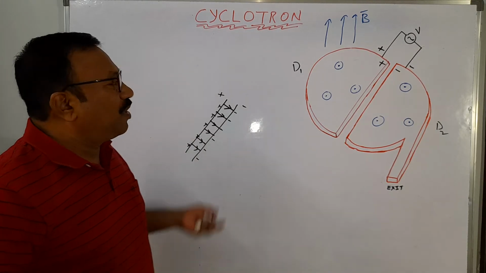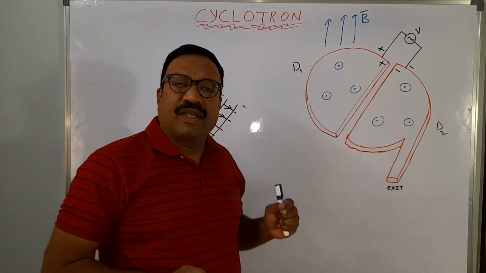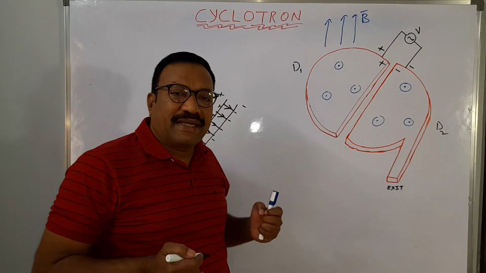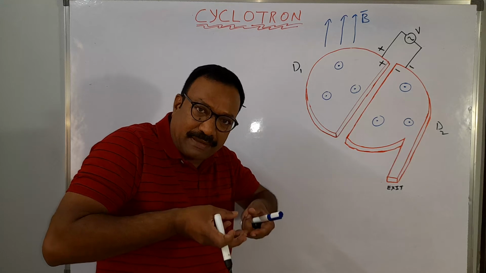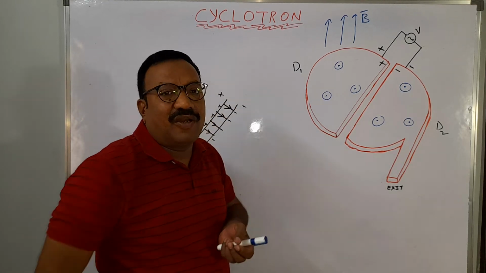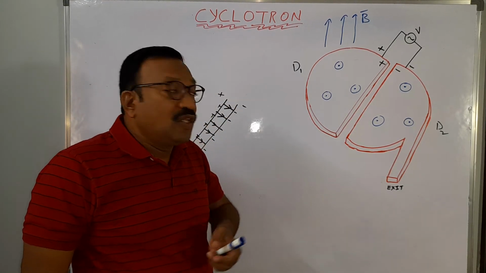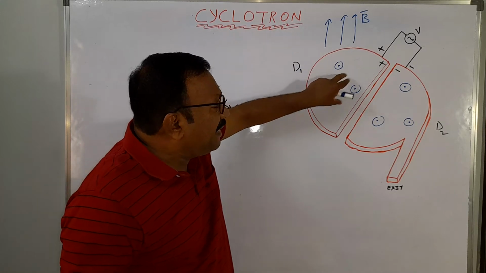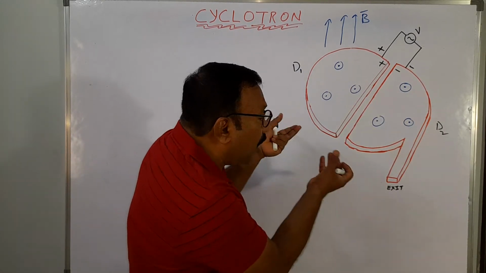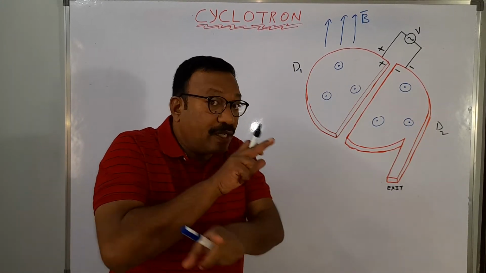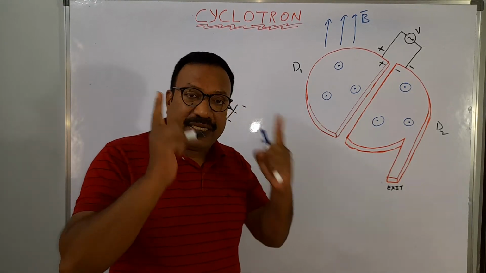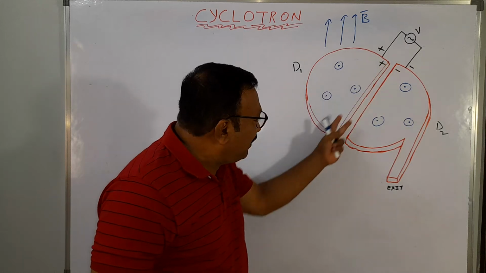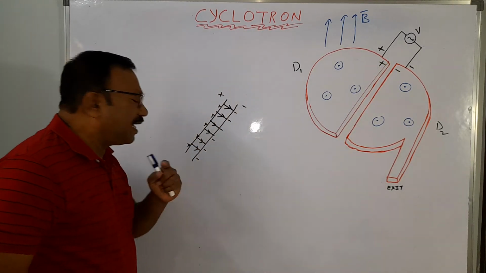You may ask me, sir, what about the field inside? You studied in electrostatics that in hollow conductors, the electric field inside the hollow conductor is zero. So there won't be any electric field inside this hollow disc. The electric field is present only between the discs, that is, between the diameters.